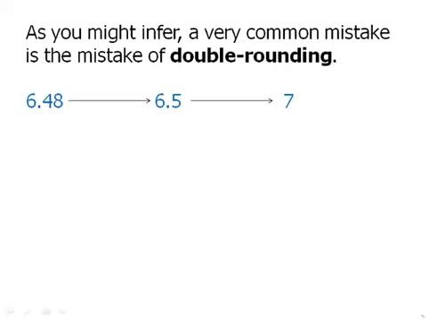And so what we've done is we've done rounding in 2 stages here. This is 100% incorrect. This is not what you are supposed to do. Instead, you have to look at that 4. The 8 is irrelevant. Look at the 4. The 4 gets rounded down, and so 6.48 gets rounded down to 6. Very important to avoid double rounding, which is a very common mistake.